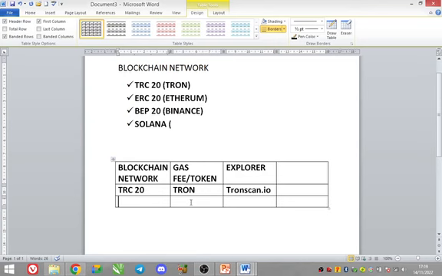Then we have your ERC20 with your Ethereum. We have it to be Etherscan.io.